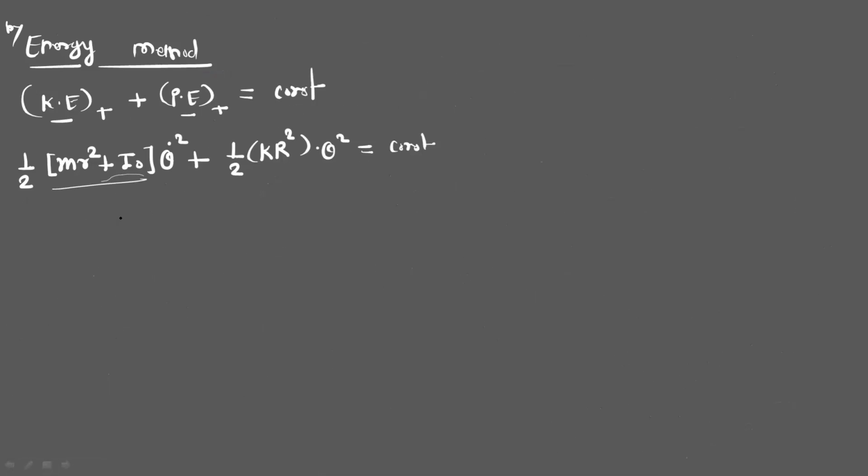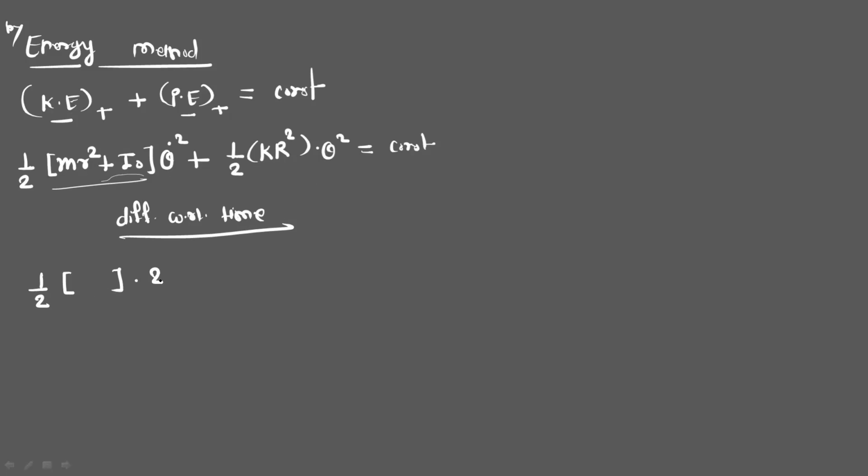So write the equation. Differentiate this equation with respect to time. Okay, so by differentiating this equation with respect to time, 1/2 and this total quantity is a constant value. So 1/2, keep this bracket as it is, just differentiate this variable term, that is theta dot squared.